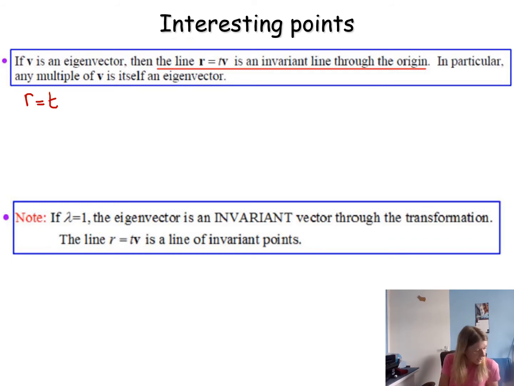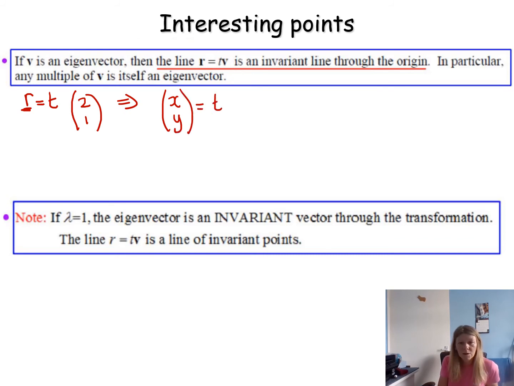Now we've got a v as an example. Let's use the v from the last example, which was (2, 1). So what we're implying here, and remember r is a vector, t is just a scalar, is (x, y) equals t lots of (2, 1).